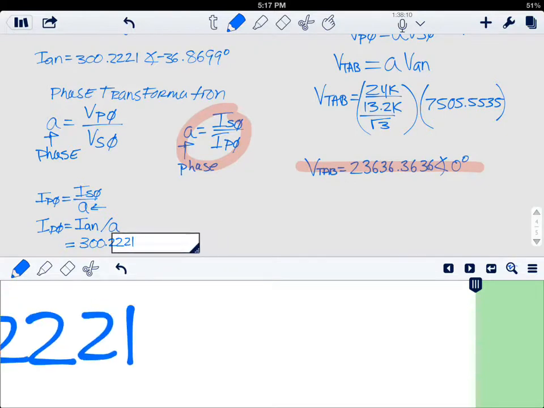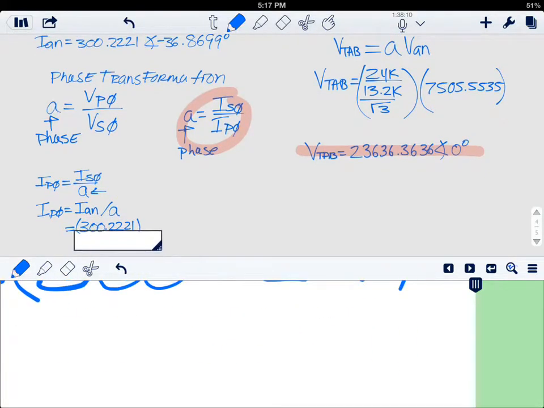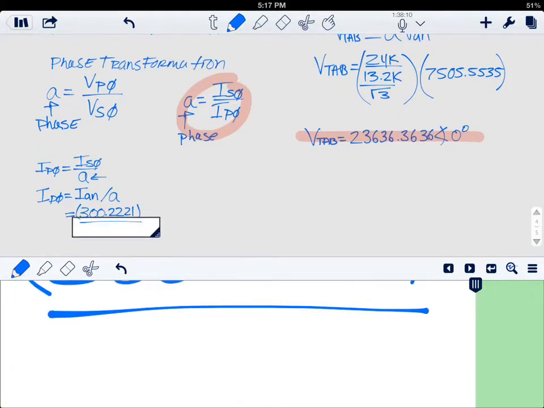Notice again that I'm not using any angle, and it's because the angle at the primary is going to be the same angle as the current in the secondary if I use the phase transformation.